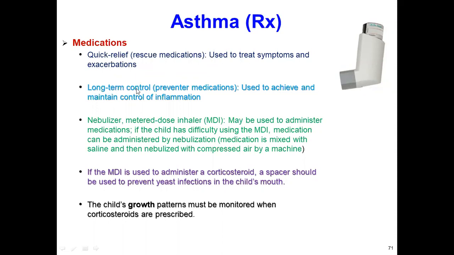The other is long-term control, meaning preventive medication. For an acute condition, basically we use a bronchodilator or anticholinergic medication. And for long-term prophylaxis, we use corticosteroid to achieve and maintain control of inflammation.